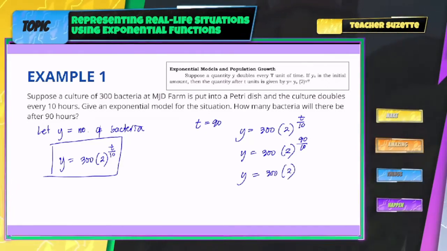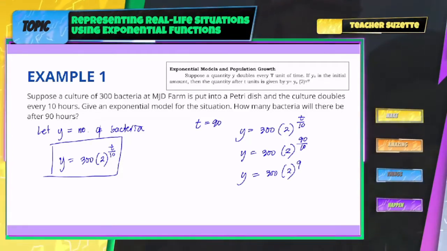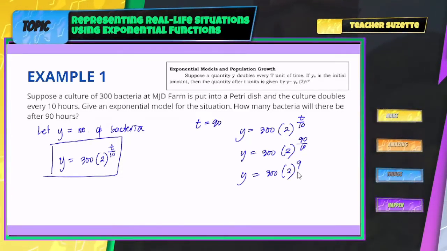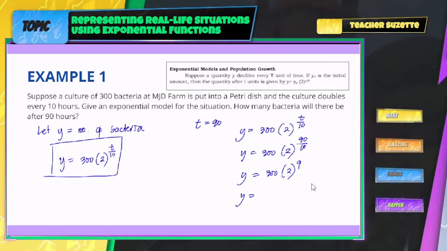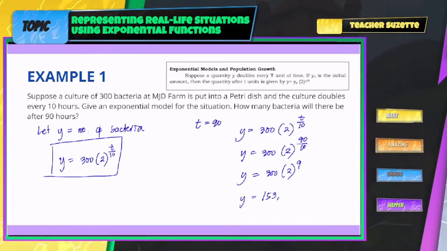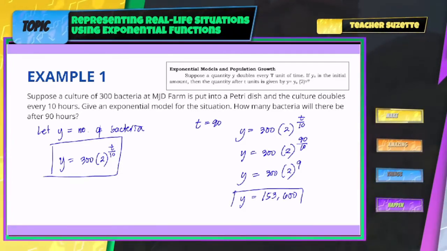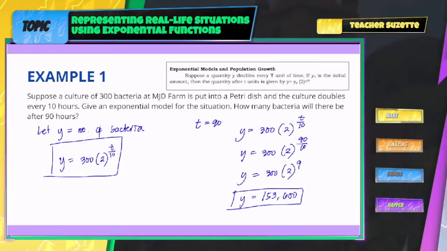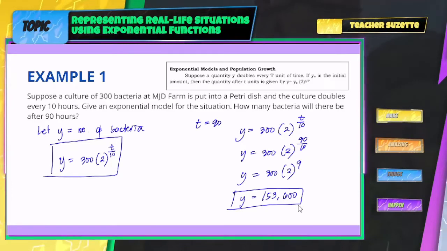You will have 2 raised to 9, and 2 raised to 9 is equal to 512, times 300, which is equal to 153,600. Therefore, there will be 153,600 bacteria after 90 hours.